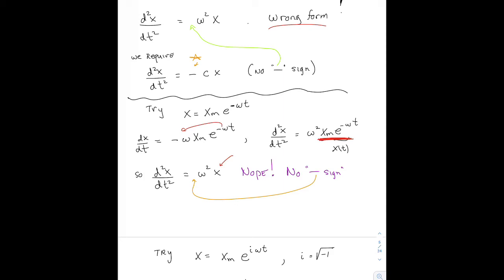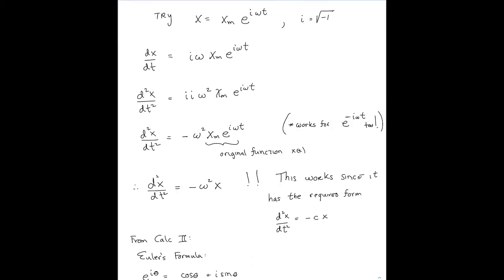Well, we were on the right track with the exponential function, but the e to the omega t didn't work, e to the minus omega t didn't work. So what you do is you try e to the i omega t, where i is the square root of minus 1. You saw this in algebra class with i, and then you probably did this in Calc 2 when you did power series and Maclaurin series. So let's try this one. I'm going to take one derivative. The i omega comes outside. Take a second derivative, I get an i times an i, I get another omega.